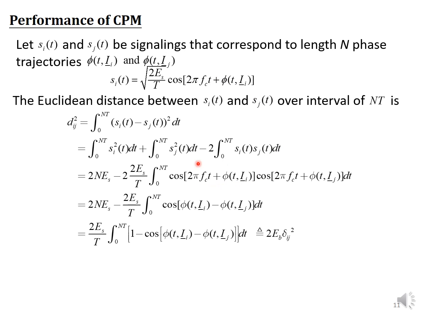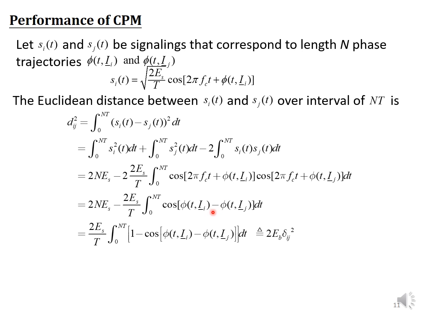So this is s_i(t), and this cosine of phi with sequence I, and the cosine with the phase trajectory phi with sequence J. Then by simple cosine times cosine, we have plus and minus of the argument.